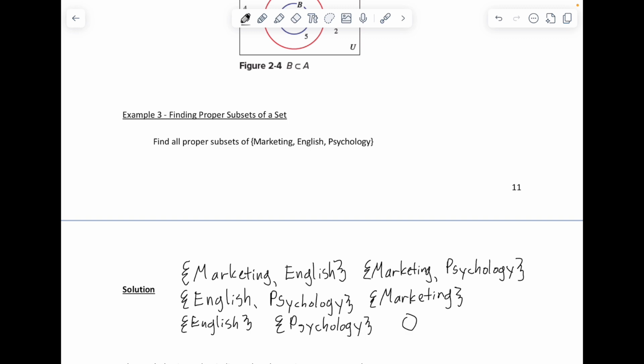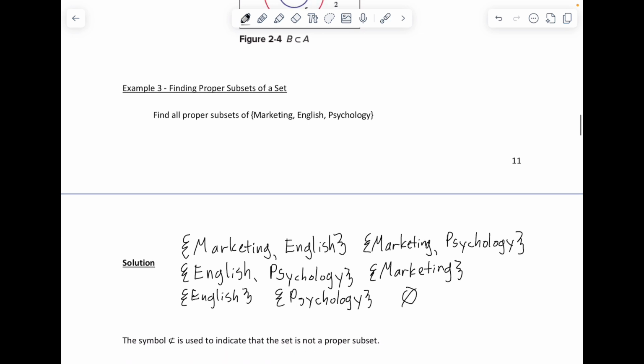And then also we have to consider the empty set, because that's also a subset. Okay. So it looks like we have 1, 2, 3, 4, 5, 6, 7 proper subsets. This symbol here is used to indicate that the set is not a proper subset, right? So it's the proper subset symbol with a slash through it.